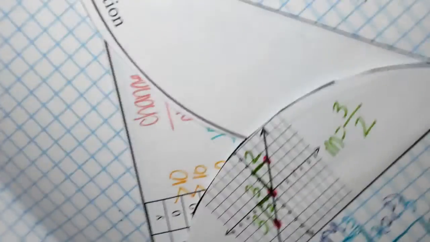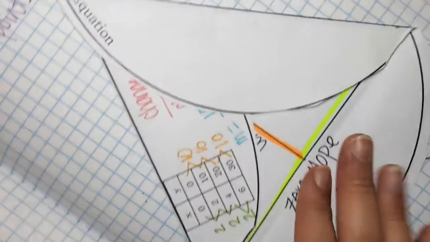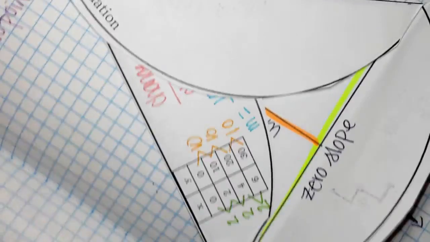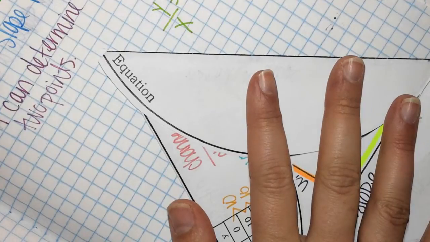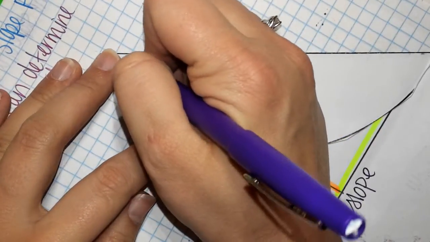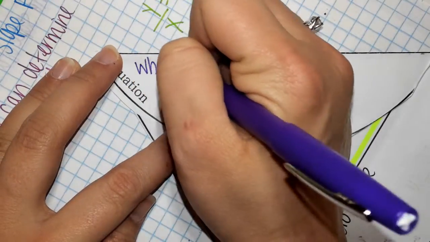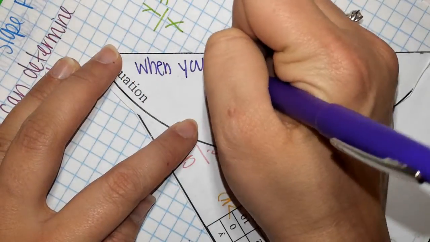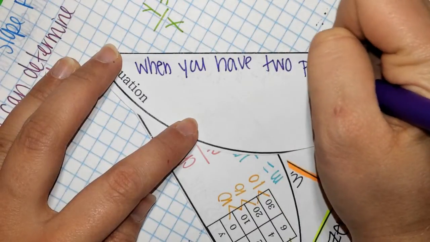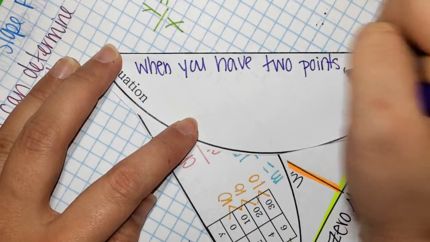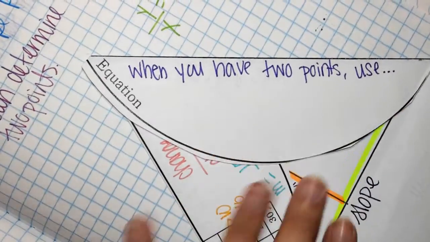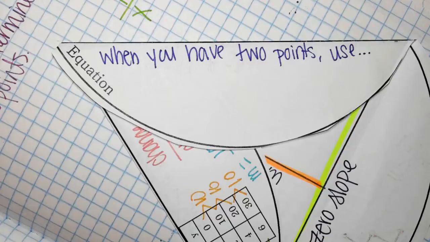Alright, now please go back to this page. The last thing is we're going to write our slope equation. Alright, so you need to write this down.